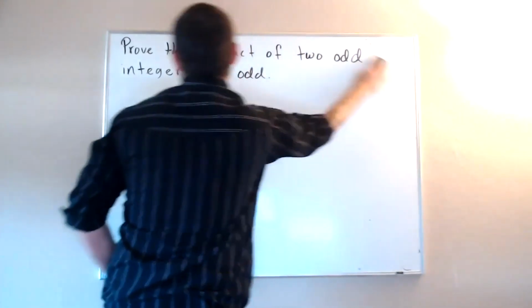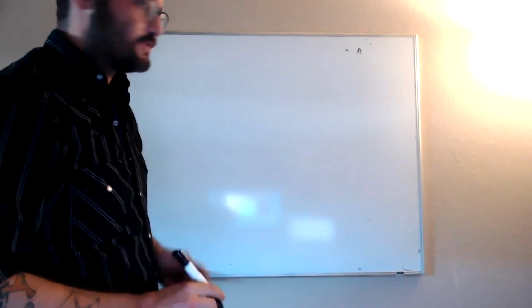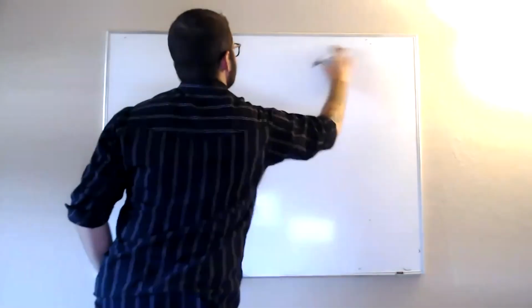Okay, so that's a proof involving odd numbers. Next, let's look at a proof involving rational and irrational numbers.